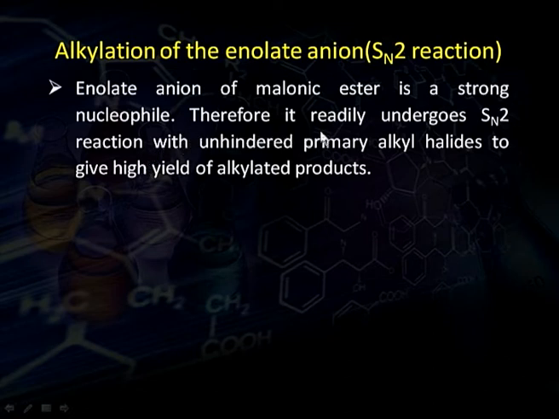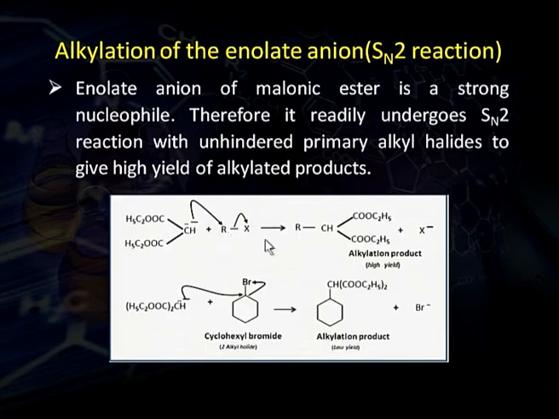Therefore, it readily undergoes SN2 reactions with unhindered primary alkyl halides to give high yields of alkylated products. In this case, when it attacks the alkyl halide, X is replaced by the nucleophile and we get a high yield of alkylated product.